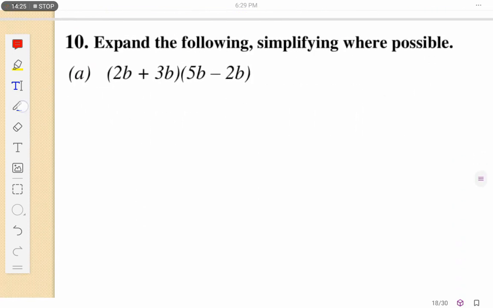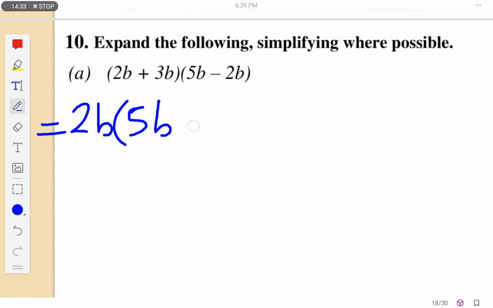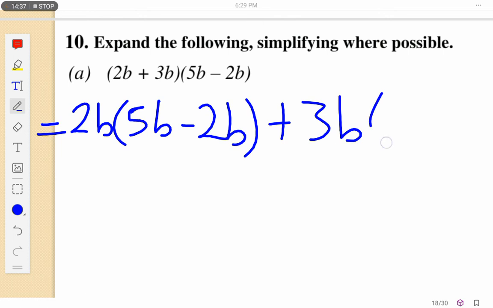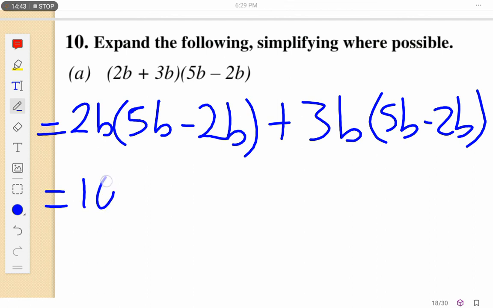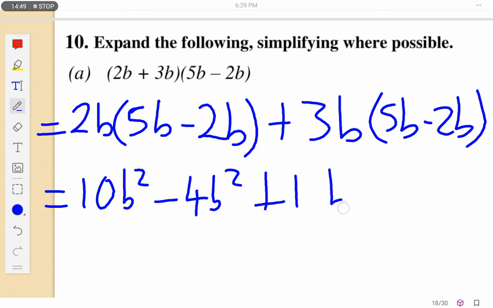Expand that bracket. So when expanding, we can simply say this is 2b by 5 minus 5b there. 5b minus 2b plus 3b, 5b minus 2b. Okay, we are multiplying those. And I can get here 10b squared minus 4b squared plus 15b squared here and minus 6b squared.